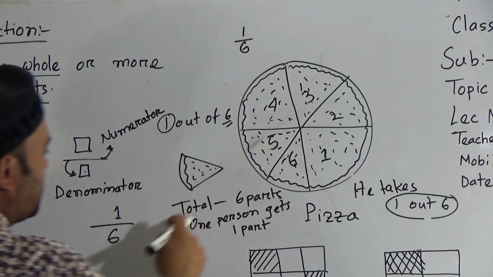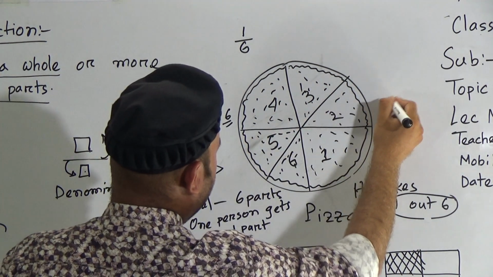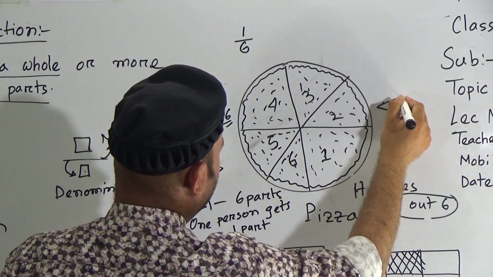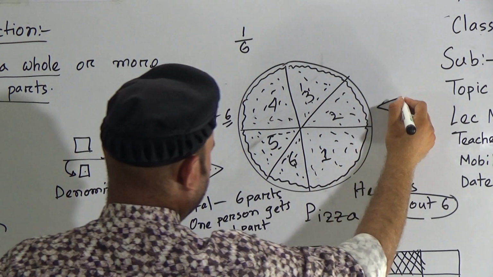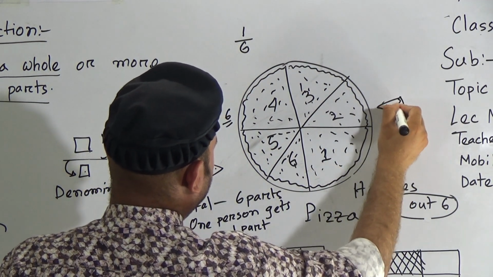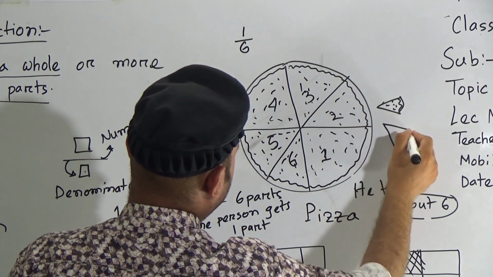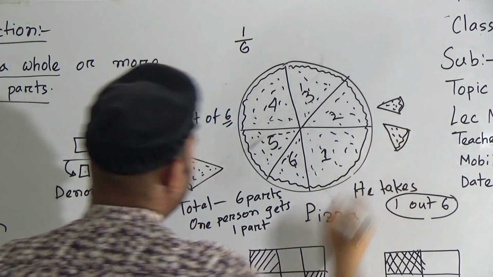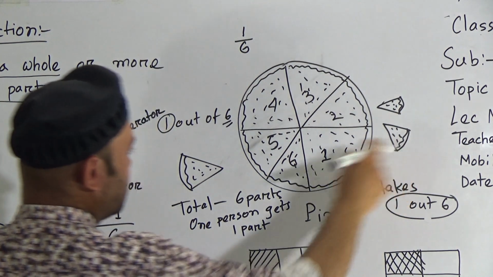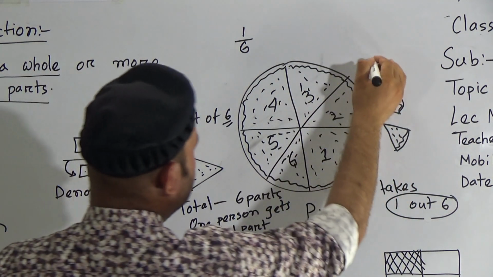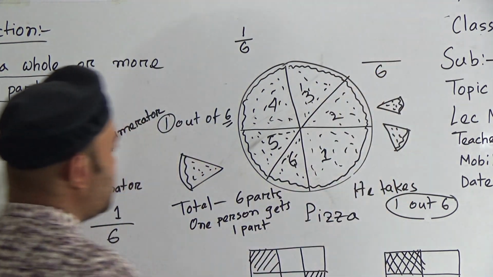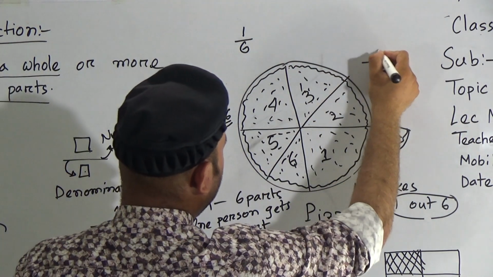Then if someone takes 2 parts from this, then total part is 6, and he took how many parts? 2 parts.